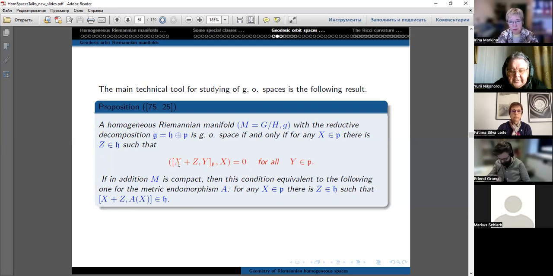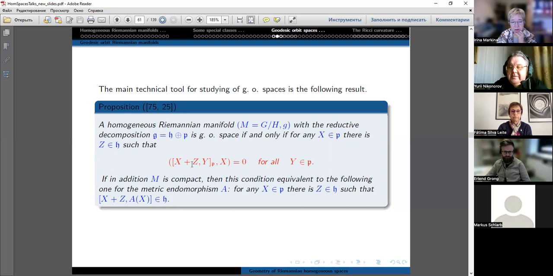You see, this is a bracket between x plus z and y, the p component of this bracket, and next we consider the inner product of this vector with x. And this should be 0 for all y from p. z is some vector from the isotropy subalgebra.